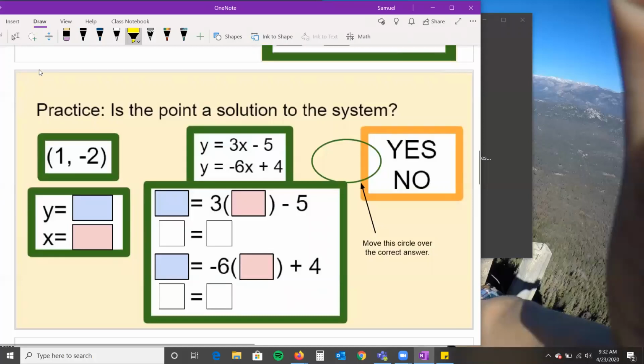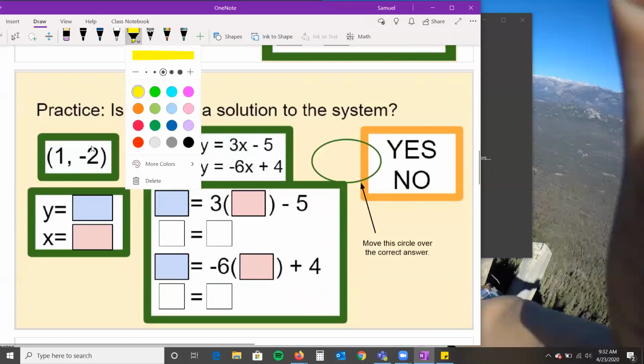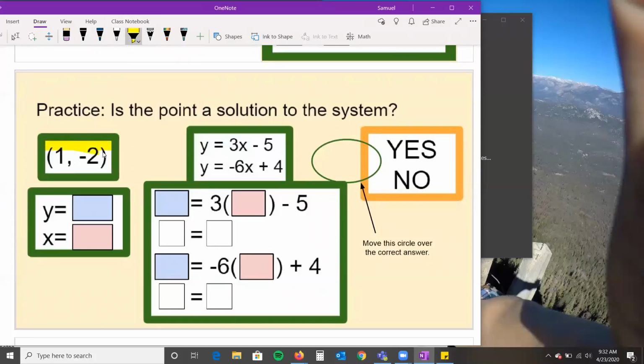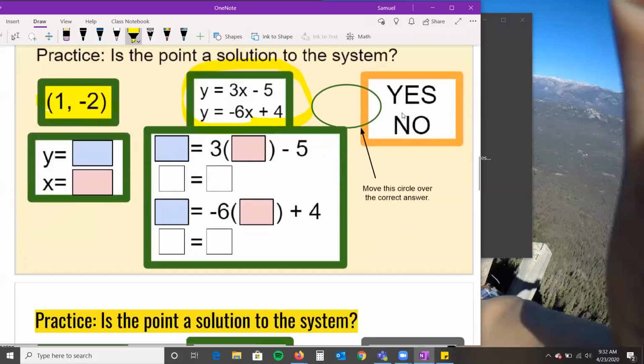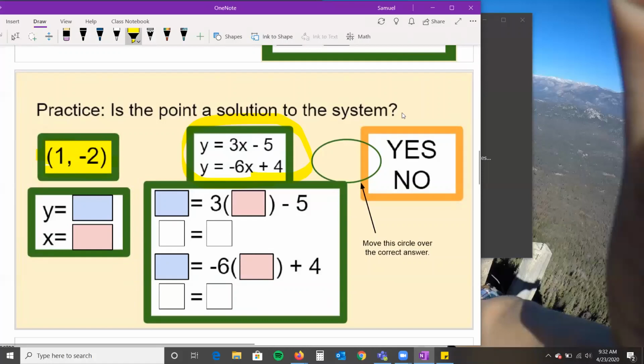All right, so practice, a quick check. I want you guys to do the same thing on your own. I want you to take this coordinate pair and check to see if it's a solution to this system of equations over here. Okay, so take about a minute and a half, plug in your coordinate pair, substitute it in, and see if it is a solution.